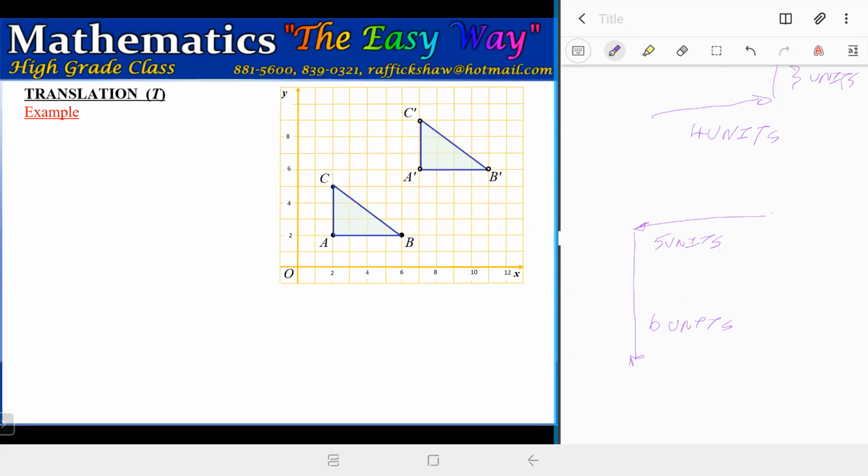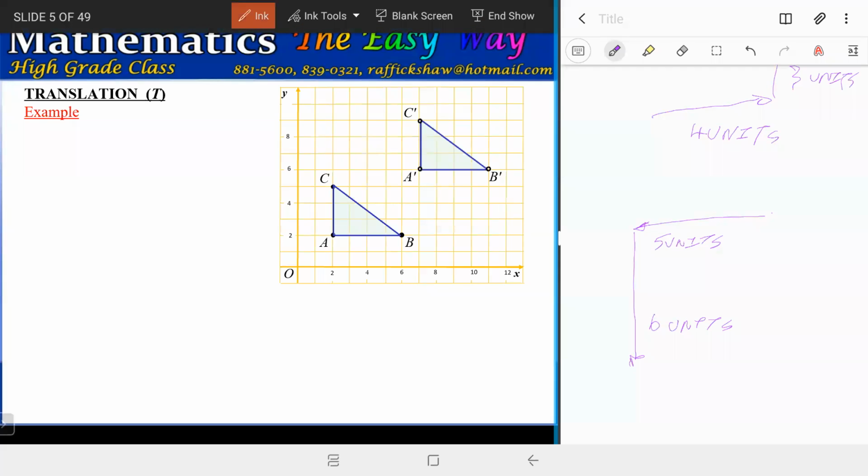So the important thing now is that if we're going to describe this transformation, you're going to look and observe it. You're going to see that there's no change in the size. There's no change in the orientation. Look at it. ABC is this way, ABC is this way.